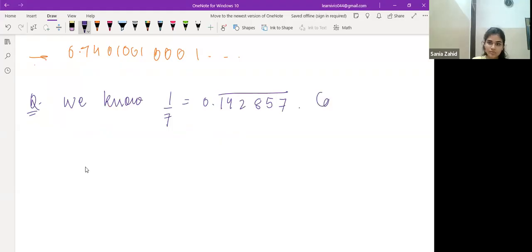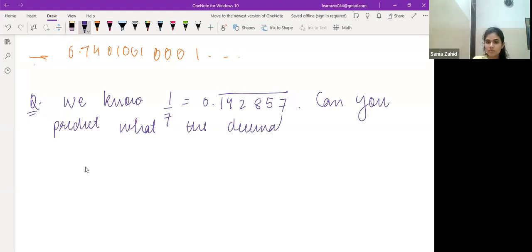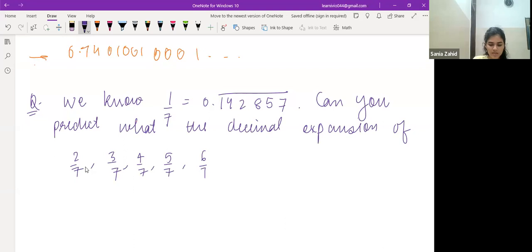Can you predict what the decimal expansion of 2 by 7, 3 by 7, 4 by 7, 5 by 7, 6 by 7 are without actual division?